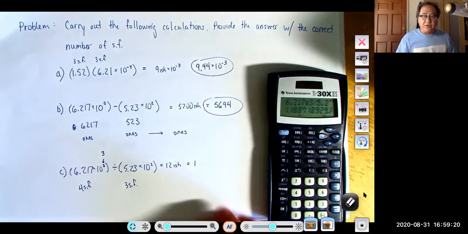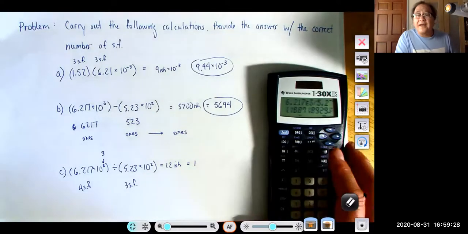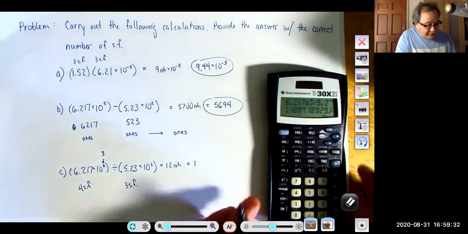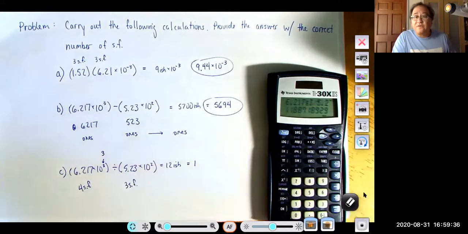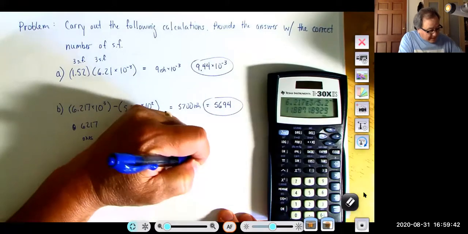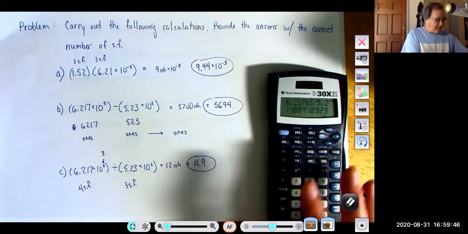Since this is the multiplication division rule, I use the number that has the fewest number of sig figs, which is 3. So for this 11.887, we're going to report 11.9, 3 significant figures.